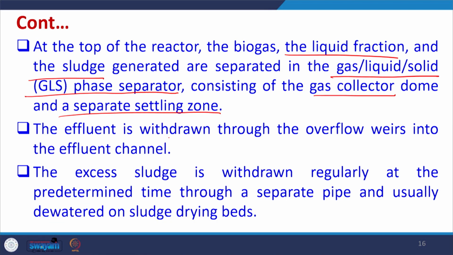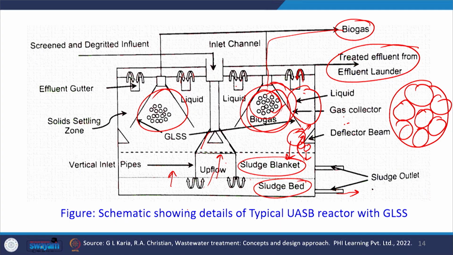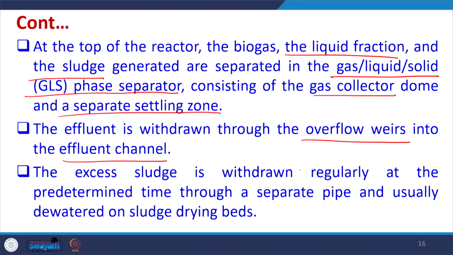The effluent is withdrawn through the overflow weirs into the effluent channel and is further taken for treatment. The excess sludge settles down and goes into the sludge bed. The excess sludge is withdrawn regularly at a predetermined time through a separate pipe and usually dewatered on the sludge drying bed, and then this sludge can be taken for further treatment.